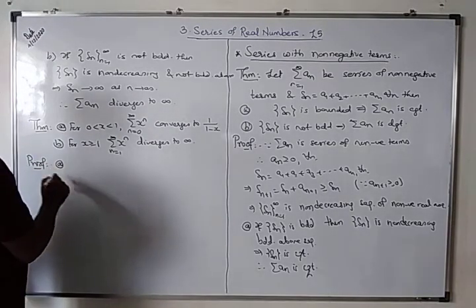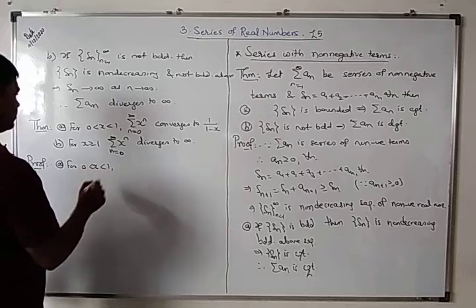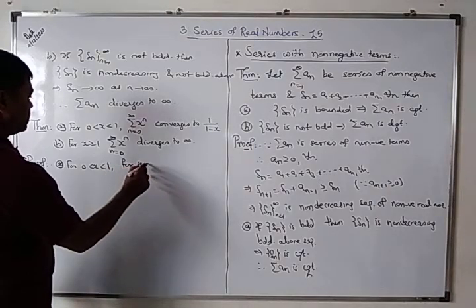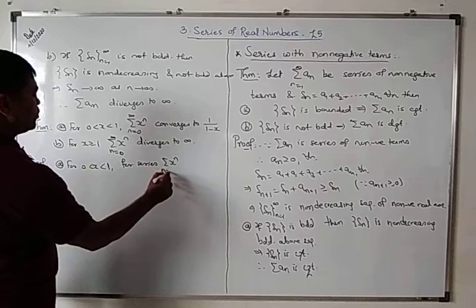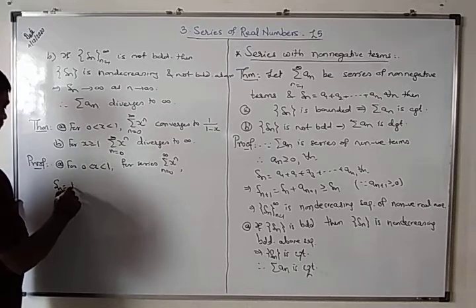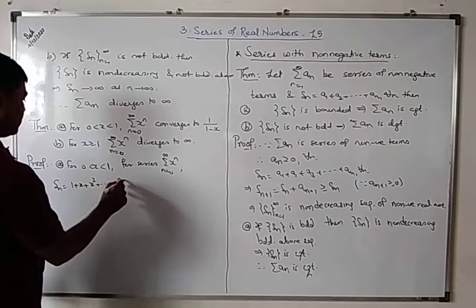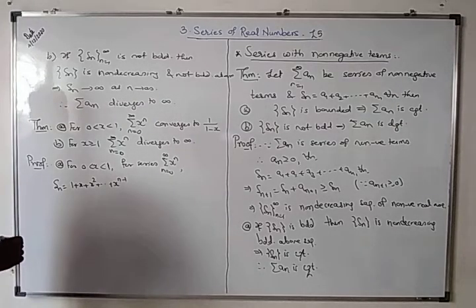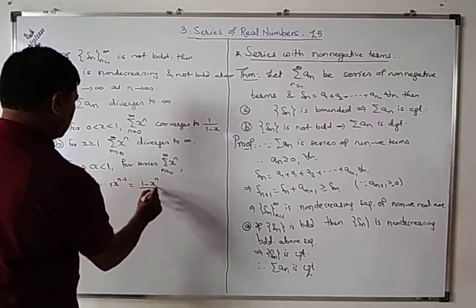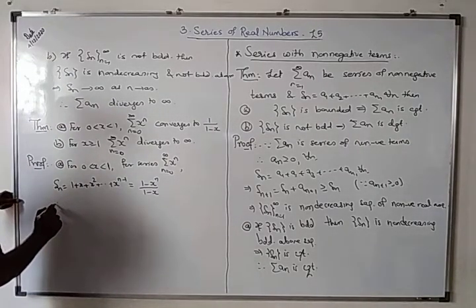A, for 0 less than x less than 1, for the series summation x raised to n, n equal to 0 to infinity, S_n is equal to 1 plus x plus x square plus ... up to x raised to n minus 1, which is equal to (1 minus x raised to n) upon 1 minus x.